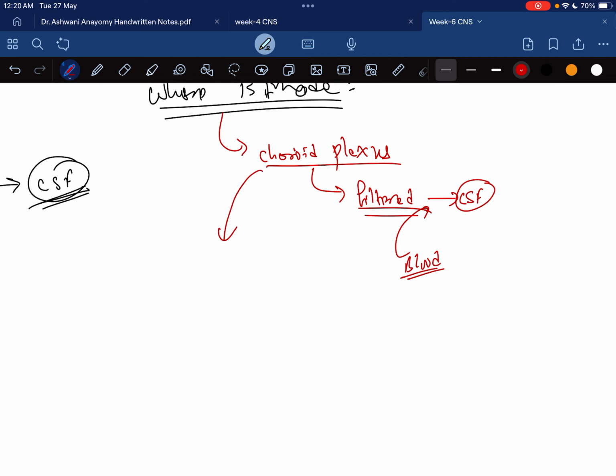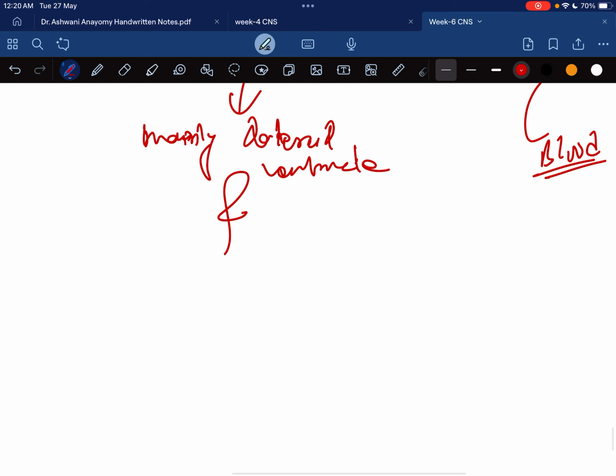It is situated mainly in the lateral ventricles, and minor amounts in the third and fourth ventricles.